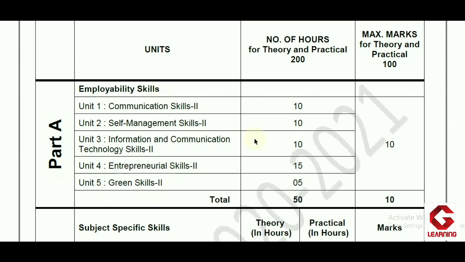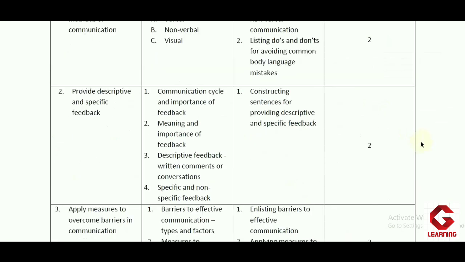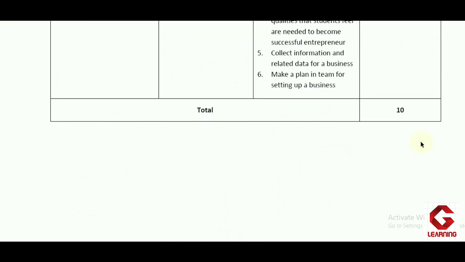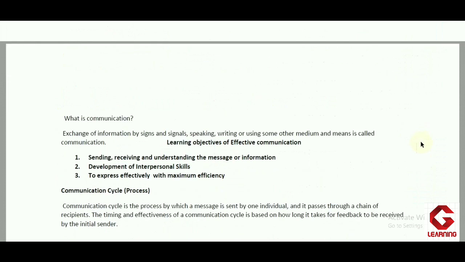Now I'm just taking you to the PDF of employability skills. So here it is on the screen. You can see 5 units are there again, and the overall weightage is mentioned, that is 10 only. Thereafter this is the brief details of the units, and from here the first unit is starting, that is communication skills.